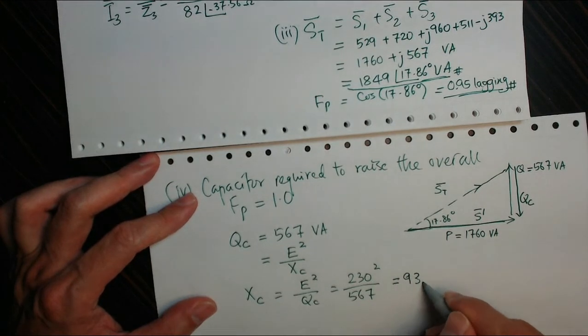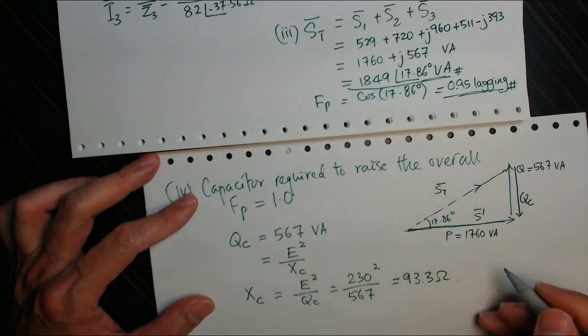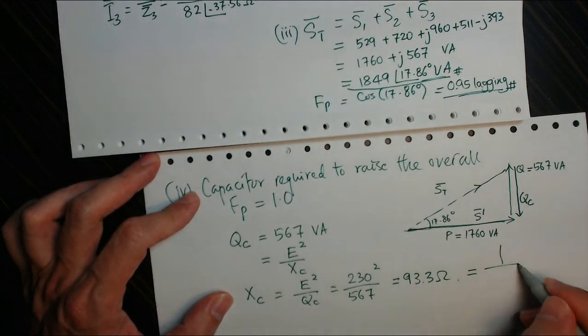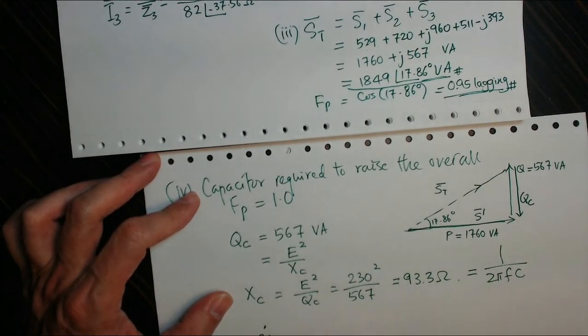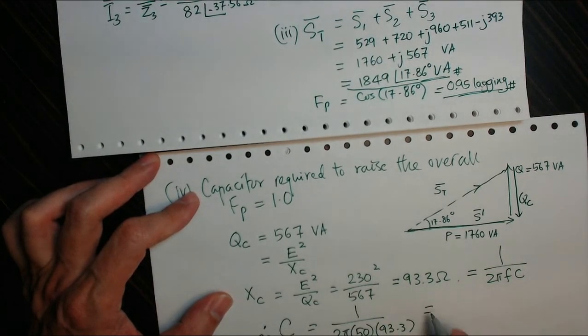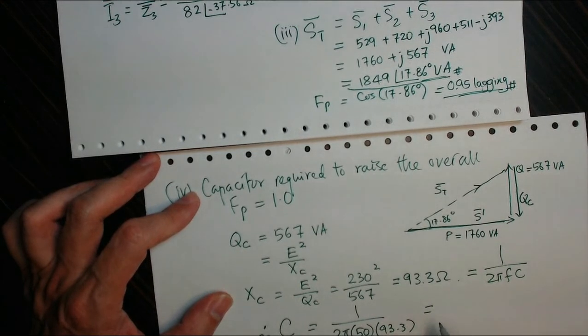That is 93.3 ohms. But XC is also equal to 1 over 2 pi FC. Therefore, the capacitance required is 1 over 2 pi F, with 50 hertz and 93.3 ohm. That will give us a capacitance value of 34.12 microfarad.